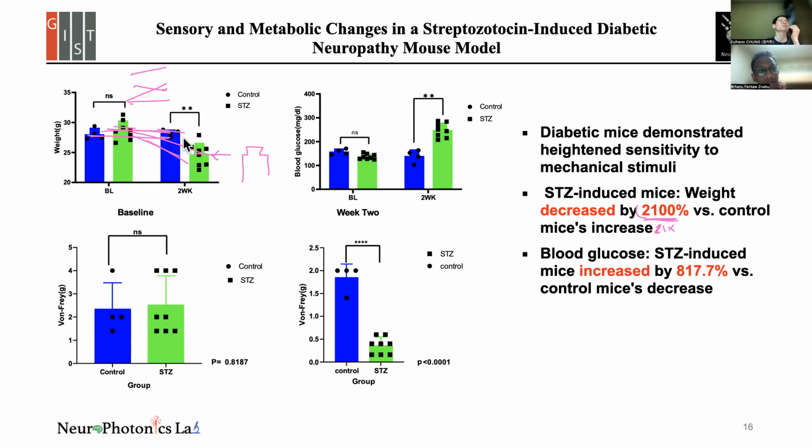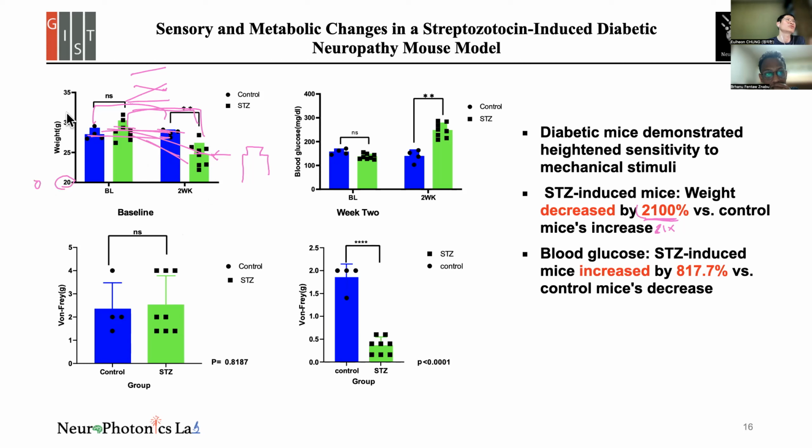I have seen this one in the literature. You're not supposed to do it this way. You're showing that the control mouse has no differences, but the streptozotocin mouse, after 2 weeks from baseline, decreased. But you cannot identify each of the animals with this. You have to go with a paired plot, so the animal. Don't put it this way.